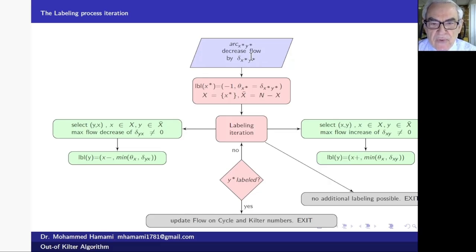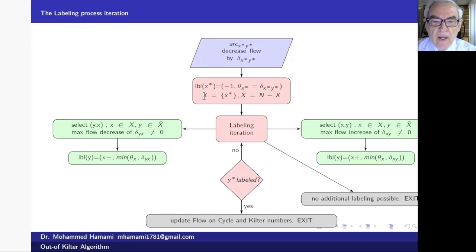If I could decrease the flow by this much, my arc becomes in kilter. So let's try to decrease the flow. We start labeling the nodes, like we color them red. Initially the label of x star has two elements: minus 1, because it wasn't labeled from any previous node, and delta of x star will be that maximum.